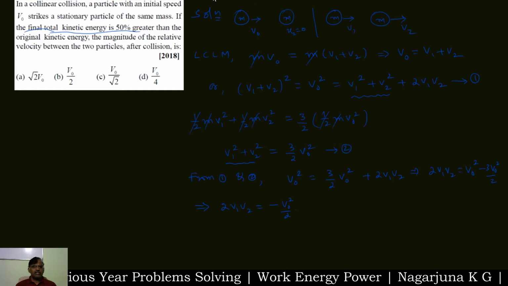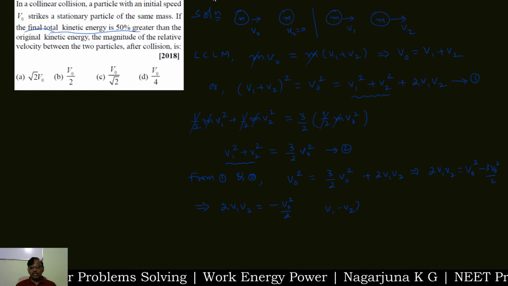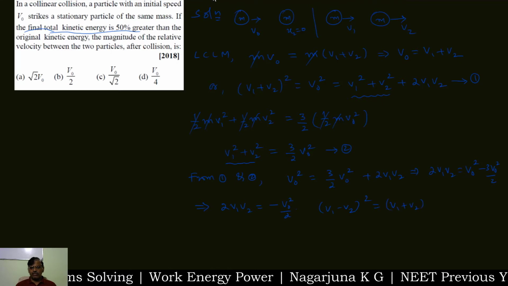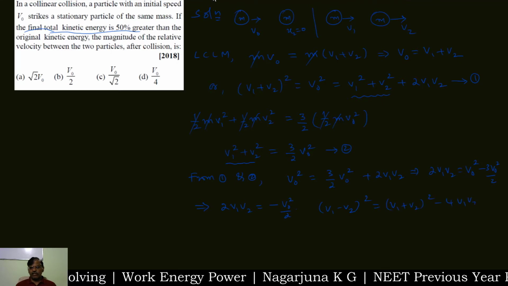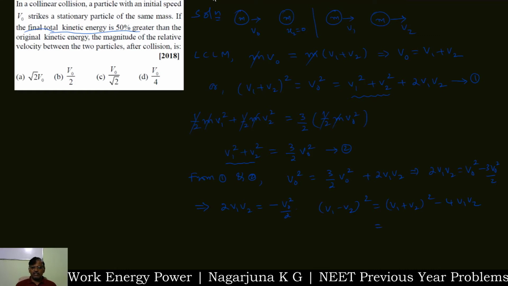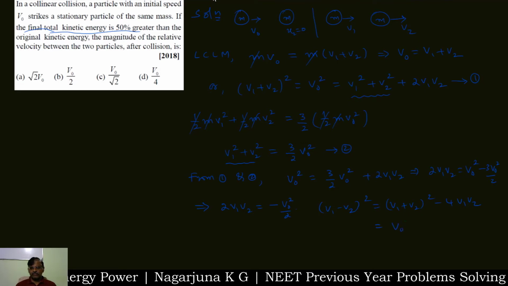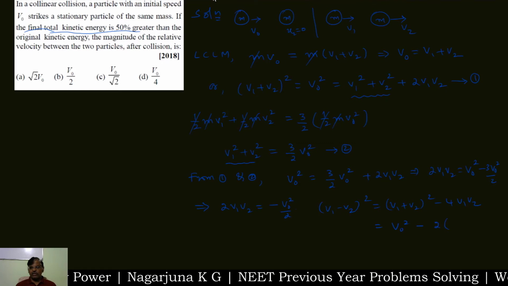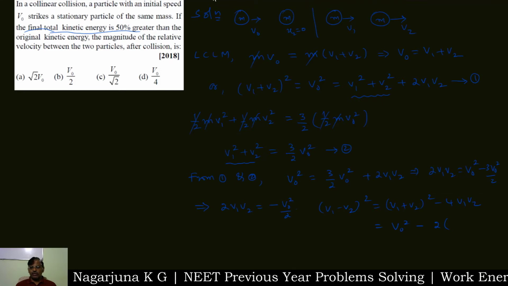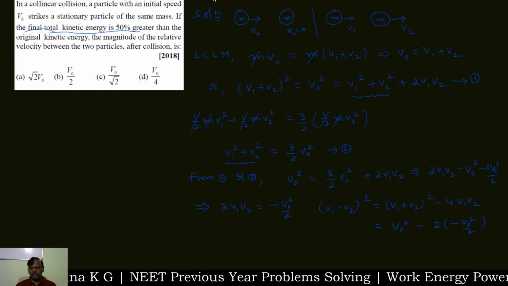Now to find out the relative velocity, let us take (v1 minus v2) whole square, which can be written as (v1 plus v2) whole square minus 4 v1 v2. Observe equation 1: (v1 plus v2) whole square is equal to v0 square, minus 2 into 2 v1 v2, 4 v1 v2 can be written as 2 into 2 v1 v2, which is minus v0 square by 2.